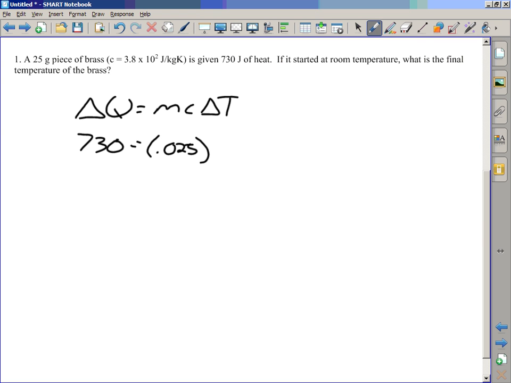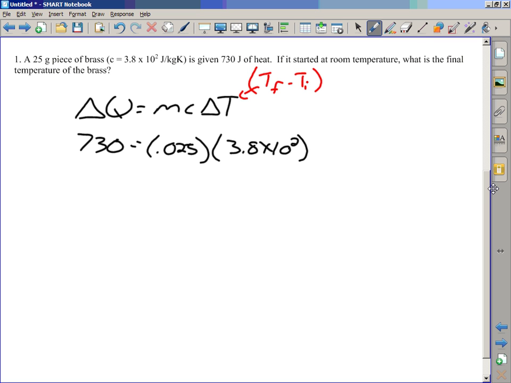Specific heat is given to us, 3.8 times 10 to the second. Now, change in temperature. That is T final minus T initial. That's what change in means, final minus initial.